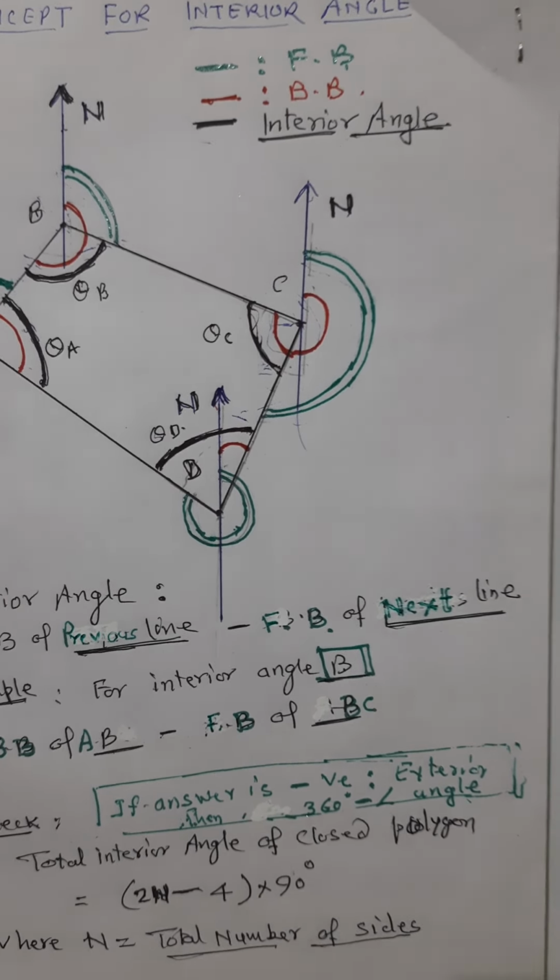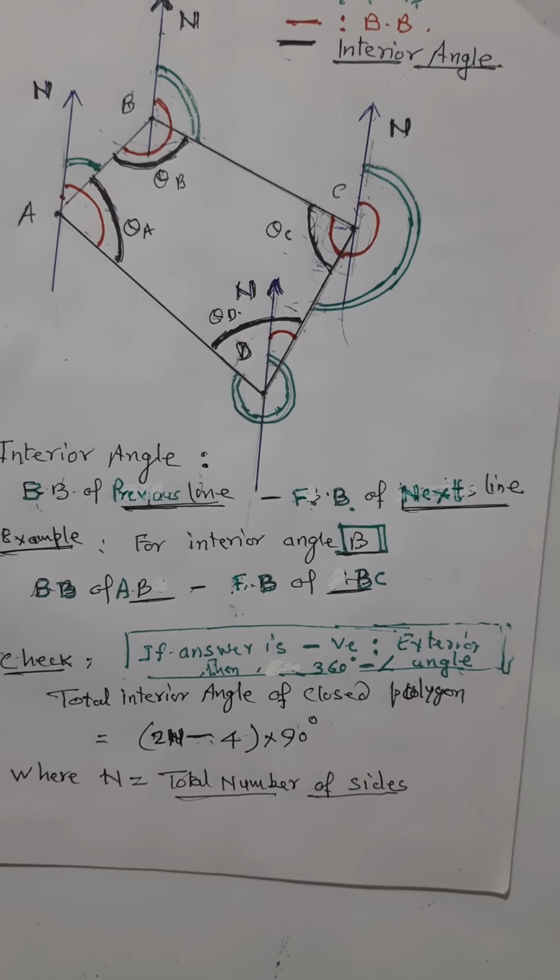So 4 into 2 is 8, minus 4, that is 4 into 90, 360 degrees. If the sum of interior angles A plus B plus C plus D comes out to be 360 degrees, then we say the calculation that has been carried out is right.